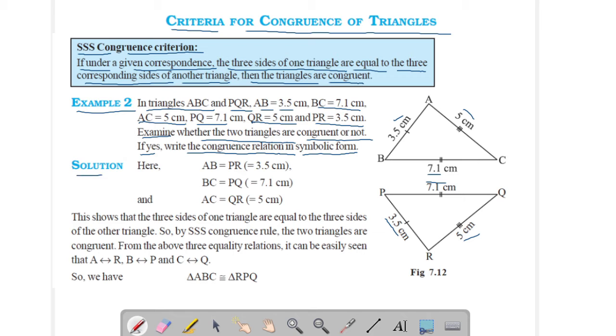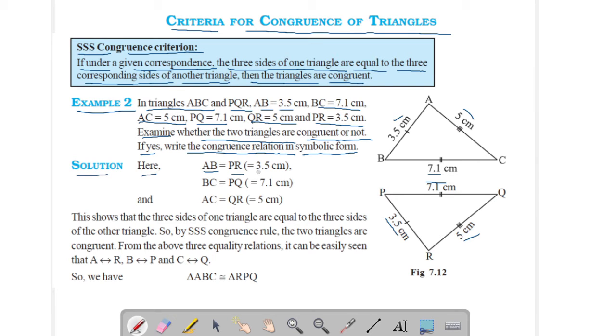See the solution. Here, on comparing triangles ABC and PQR, what we observe is that AB equals PR. Why?